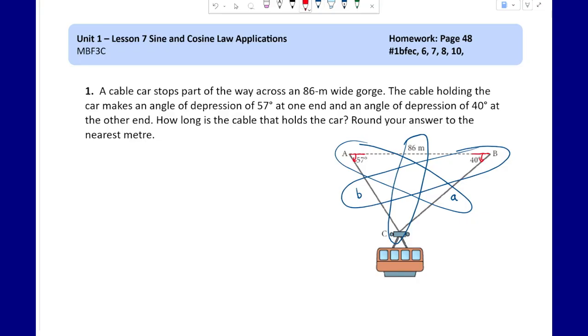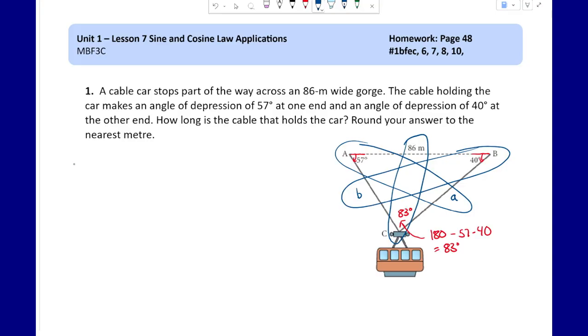But I could make a full pair because I can find this angle by doing 180 minus 57 minus 40 to get that third angle, which I get is 83 degrees. So now I know this angle here, and now I have a full pair and two half pairs. So now I can find my missing side lengths using the sine law.